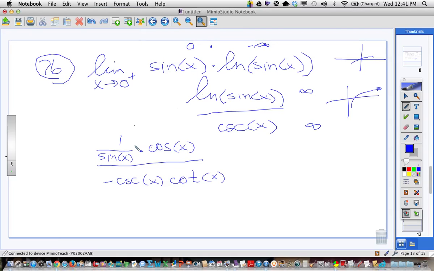On top, this is essentially cosine over sine. What's cosine of 0? 1. What's 1 over 0? 1 over something really small is something really big. So the top is infinity. What about the bottom? This would be negative 1 over sine, that's cosecant, and then cotangent is cosine over sine. If we put a 0 in there, we basically have negative 1 over 0. So we have infinity again.